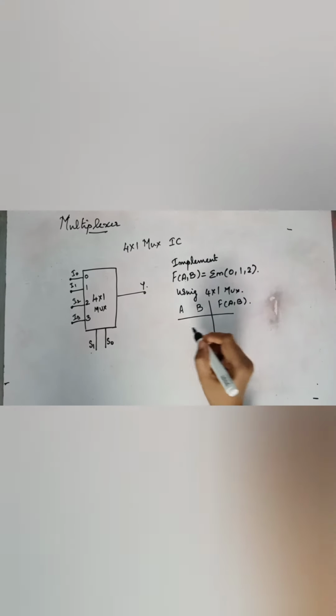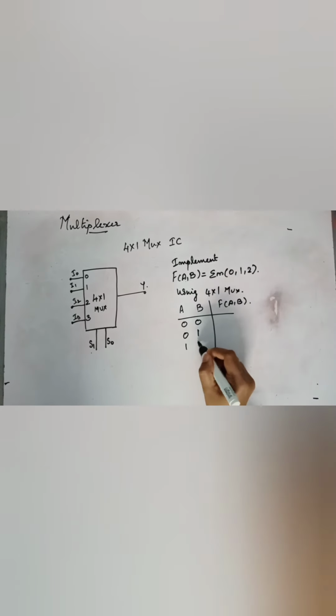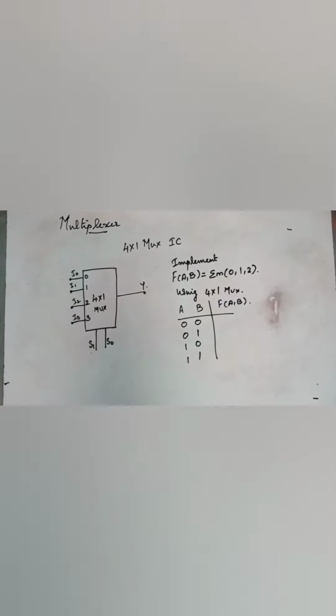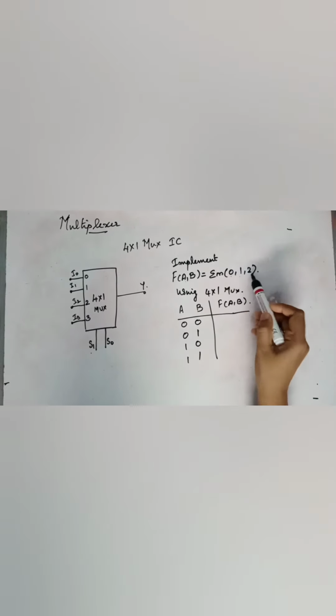When I have 2 inputs, I can have 4 input combinations. These are my input combinations. And what will be my output? Output bit will be 1 for these particular inputs.